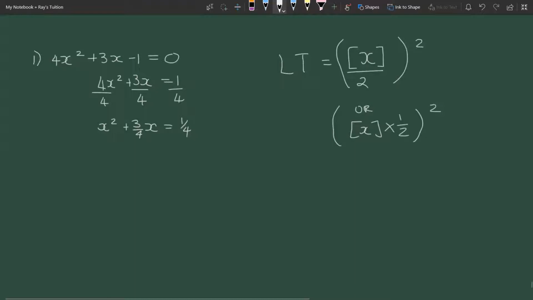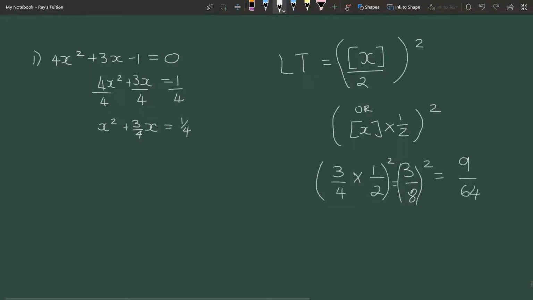Here the coefficient of x is 3 over 4, and then we're going to multiply it by 1/2, or divide by 2, whichever one you like. That is equal to 3 over 8. And then we're going to square it, and that will give us 9 over 64.